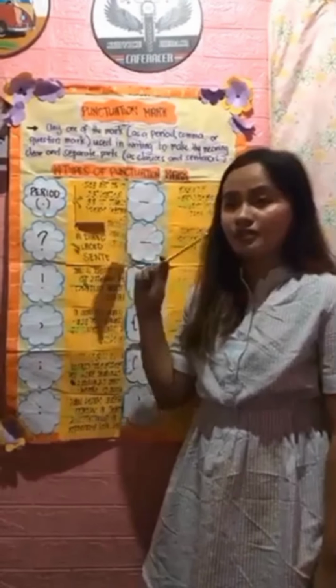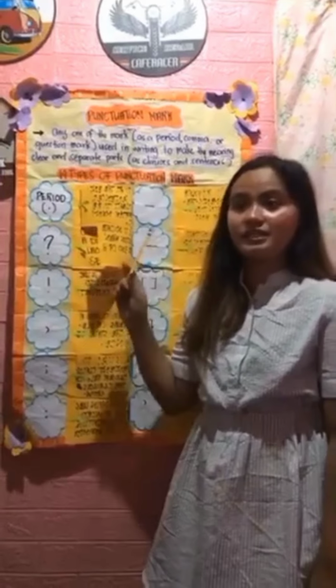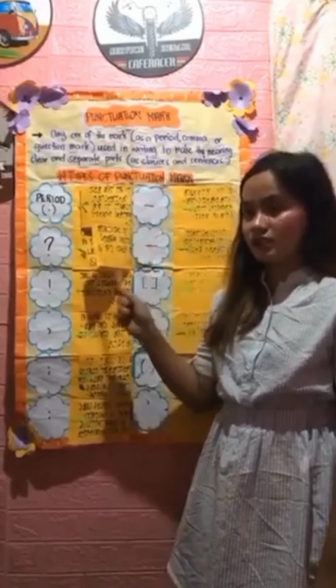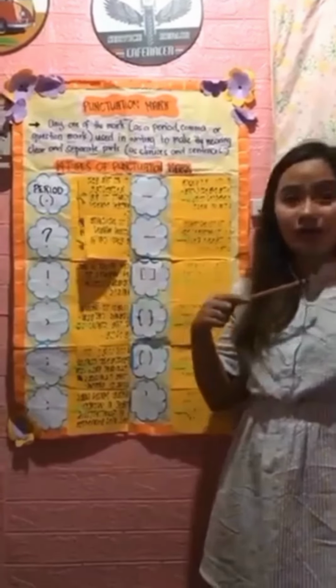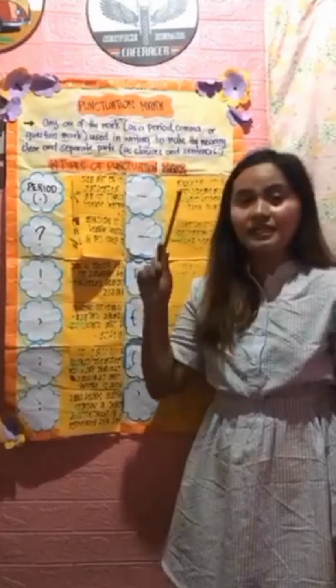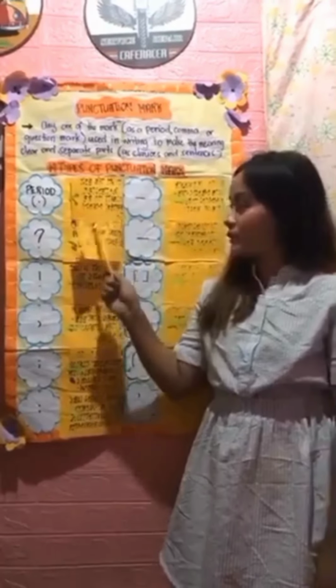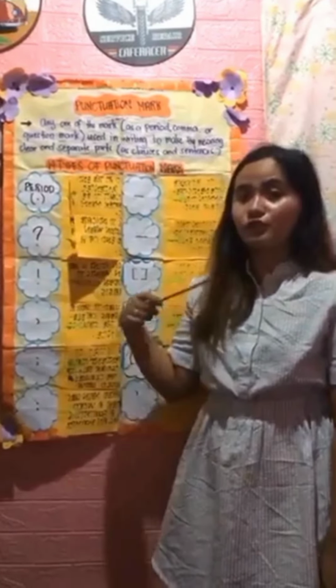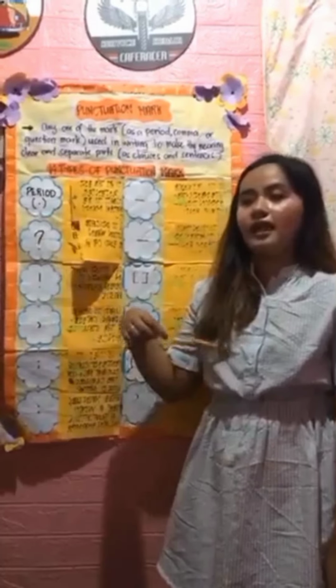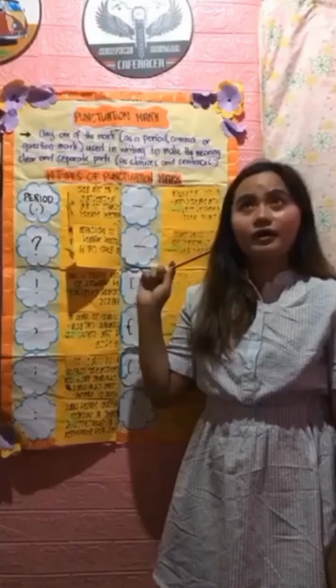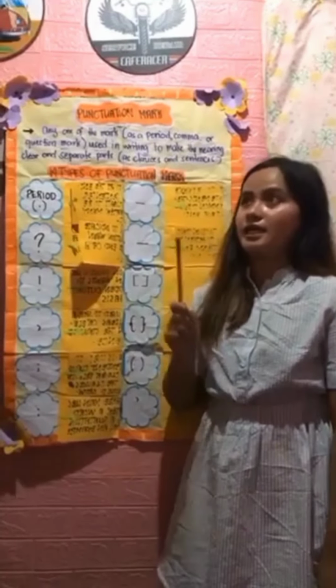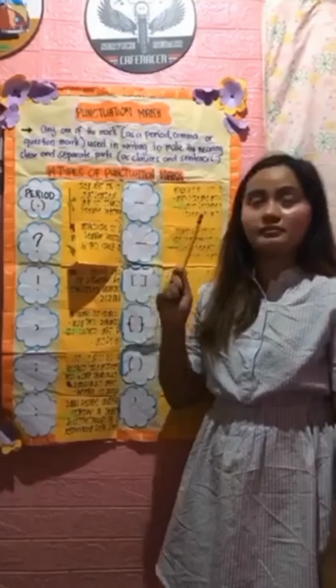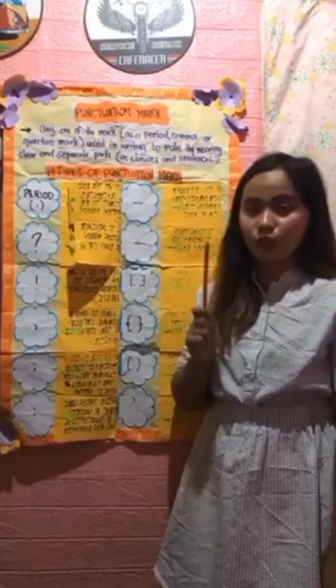The main purpose of the question mark, perhaps unsurprisingly, is to indicate that a sentence is a question. An example of it: Am I pretty? At the end of the sentence, we are going to use a question mark because you are asking. And also, questions sometimes start with WH words.